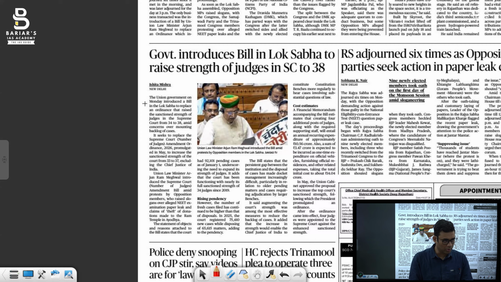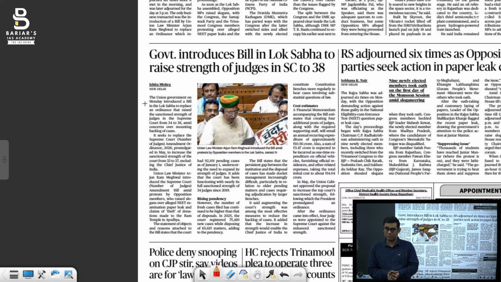That's the most important point: consultation is not the same as concurrence. That's where the power of appointments majorly lies with Parliament. This is where parliamentary supremacy was established over judicial supremacy in terms of appointments. That was the first judges case.